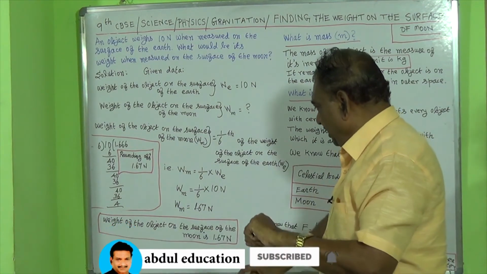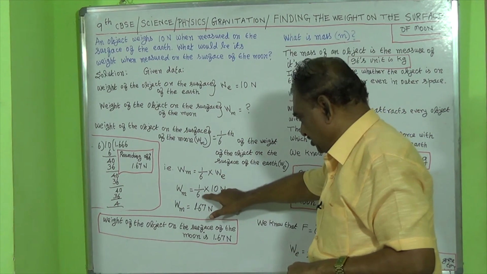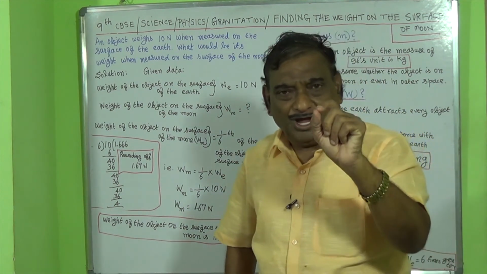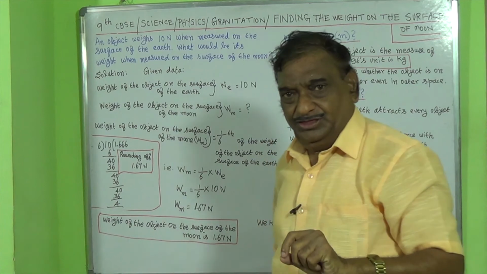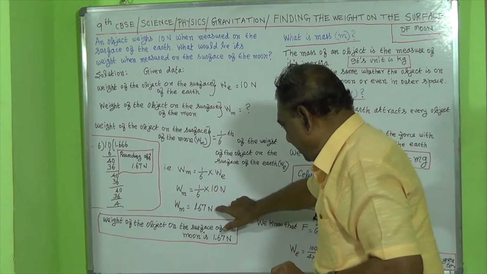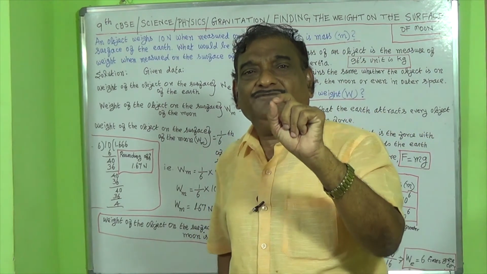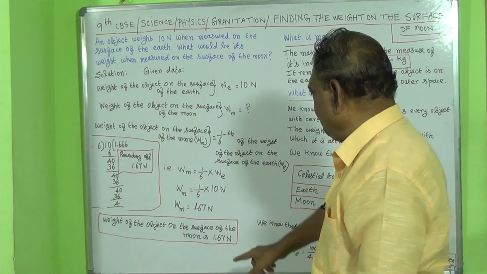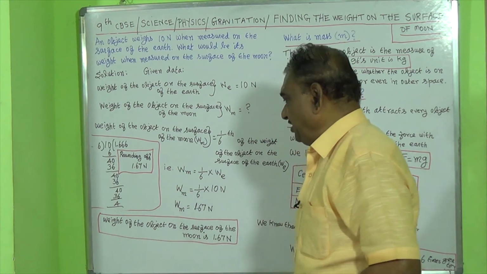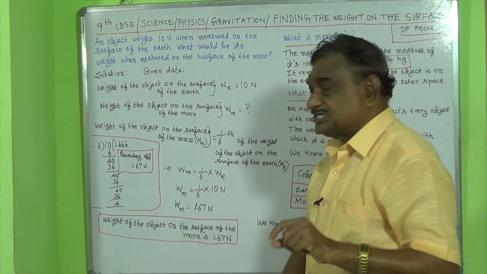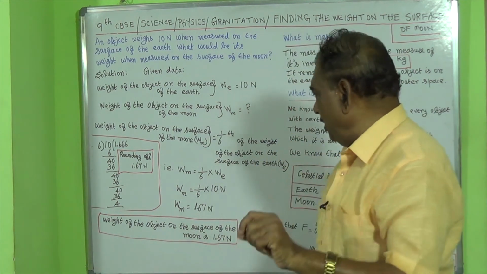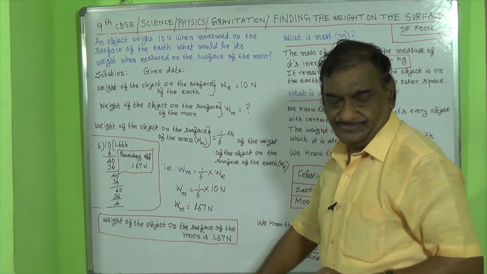If we divide 10 Newton by 6, we will get 1.67 Newton. This 1.67 Newton is 1 by 6 times the weight of the object on the surface of the earth. That is, the weight of the object on the surface of the moon is 1.67 Newton.